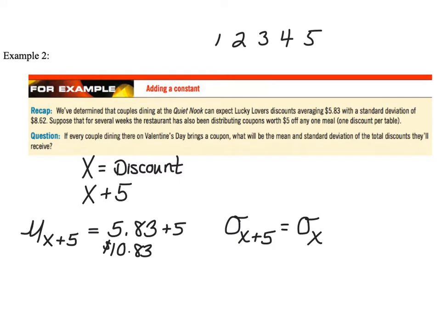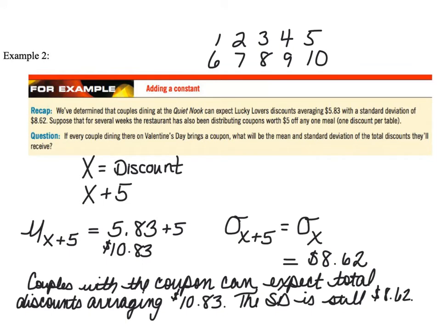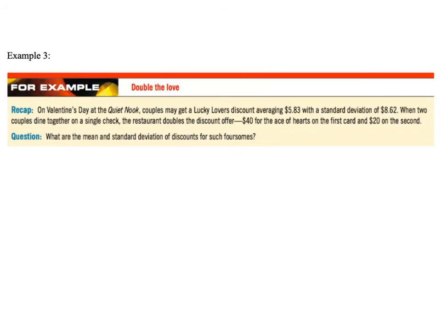If I add, let's say, 5 to each of them, 6, 7, 8, 9, and 10, my new mean would be 8. How much do they typically vary from the mean? Variation's not changing, okay? So that's why it's remaining the same with constants. So it's still $8.62. So I'm stating that couples with the coupon can expect total discounts averaging $10.83. The standard deviation is still $8.62.